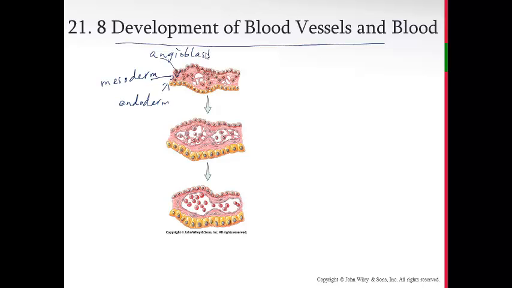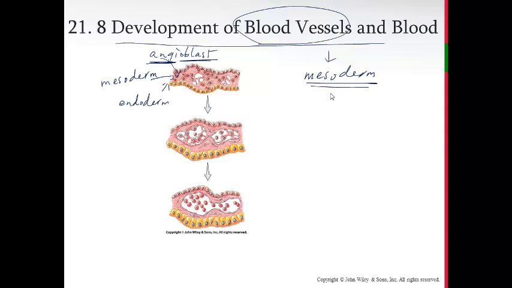Anytime you see angio, it tells you it has to do with blood vessels. These angioblasts are precursor cells. Pretty much all of our blood vessels and everything form from mesoderm.